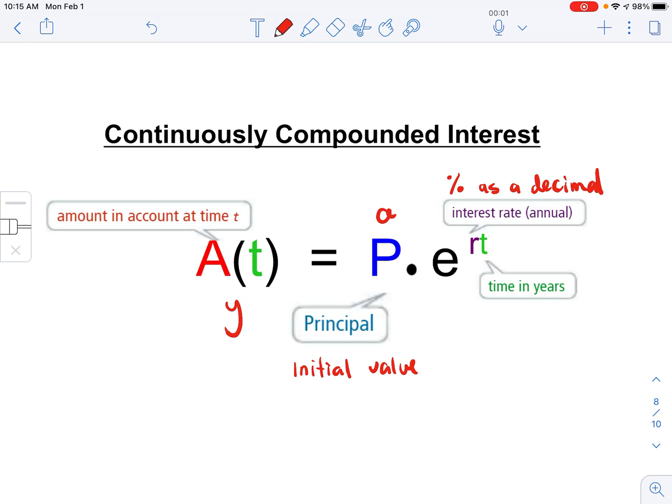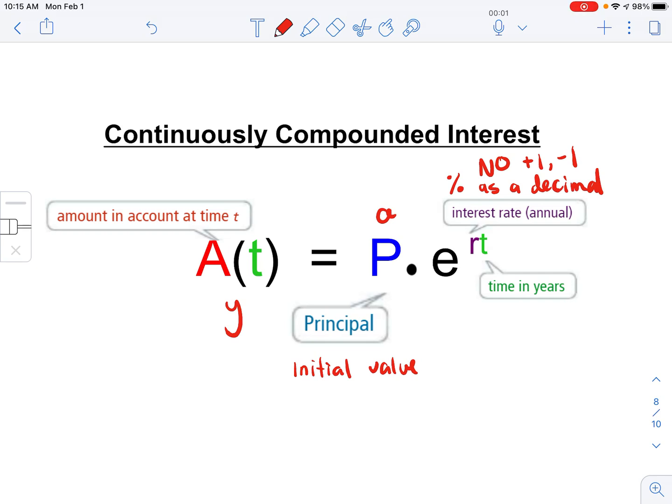But the other thing you need to remember is there is no plus 1 or minus 1 for this interest rate. You plug it in directly as you see it. So if it's 8%, you're plugging in 0.08, not 1.08.